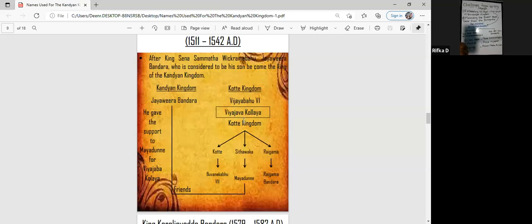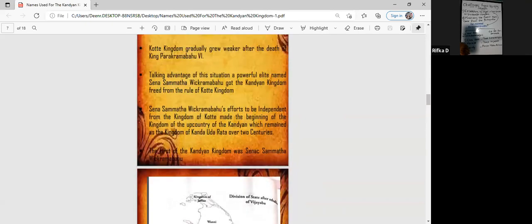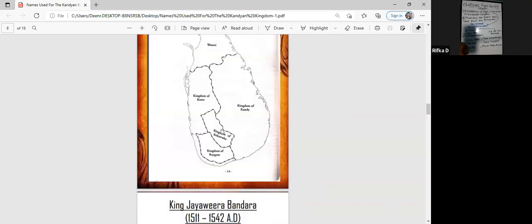After Vijayaba Kollaya, the Kotte kingdom was divided into three as Kotte, Sitavaka and Raigama. Kotte was ruled by Bhuvaneka Bahu I, Sitavaka by Mayadunne and Raigama by Raigama Bandara.